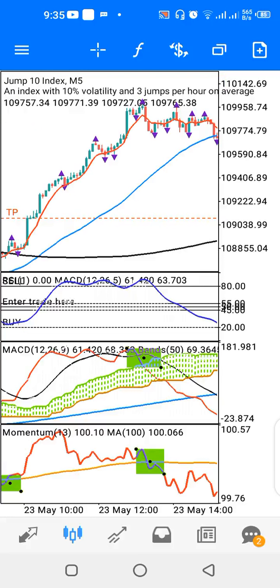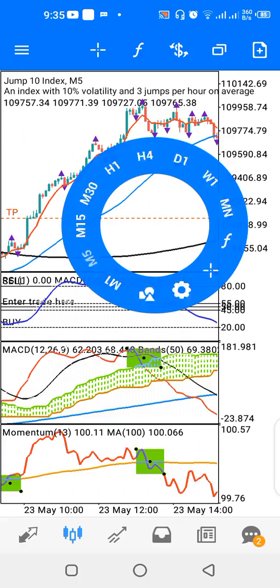All right, so that's basically how this strategy works. It's a very good strategy. You will be able to filter the right signal for your trades with this strategy. You'll be able to filter the right buy signal or the right sell signal for your trades, in as much as you can look at what is happening on the main chart.